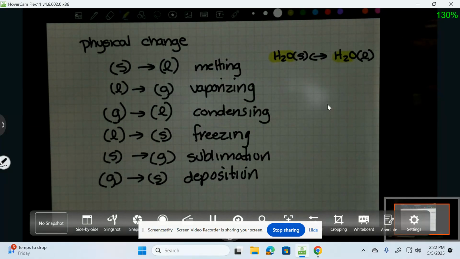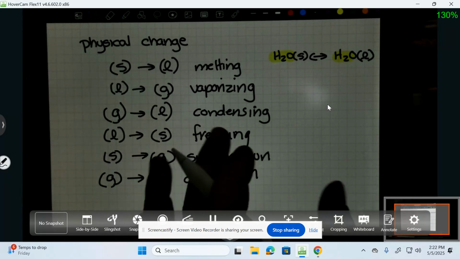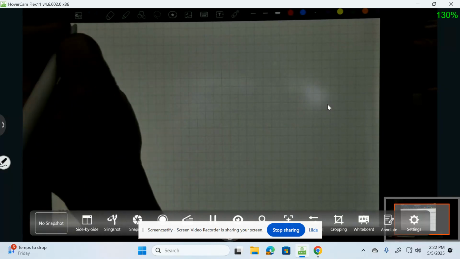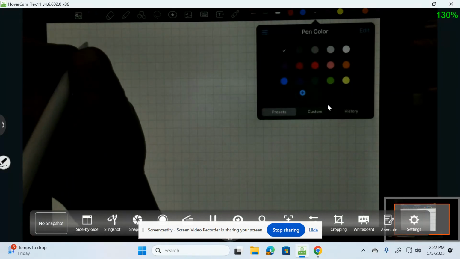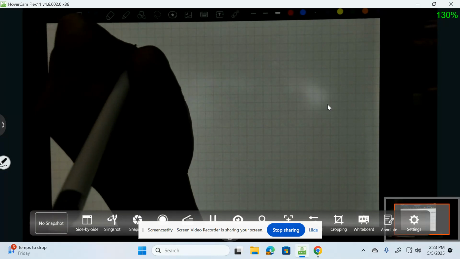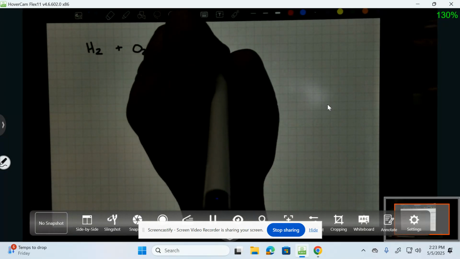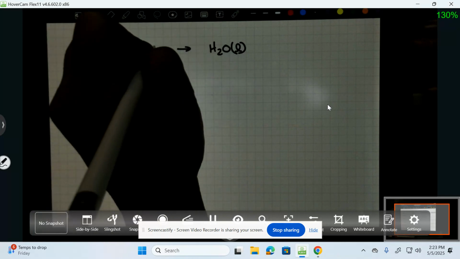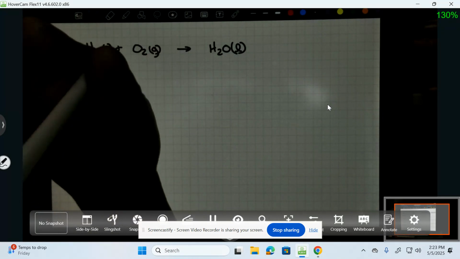Water, water. Okay? If, however, you have H2 plus O2 becoming H2O, let's make that a liquid and make this a gas and make this a gas.